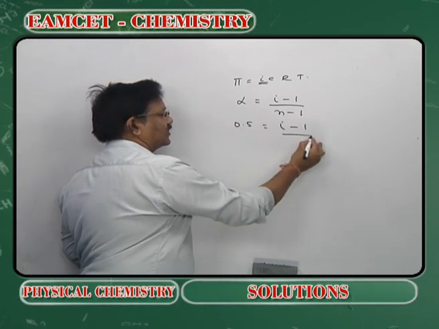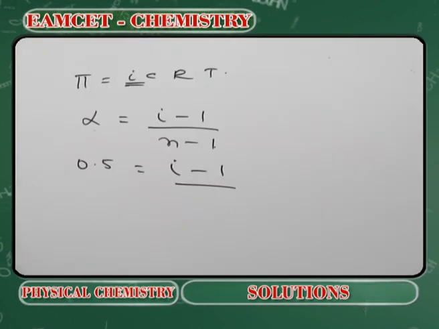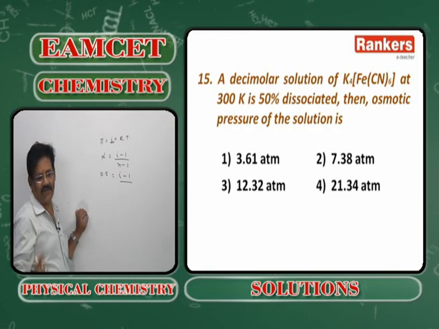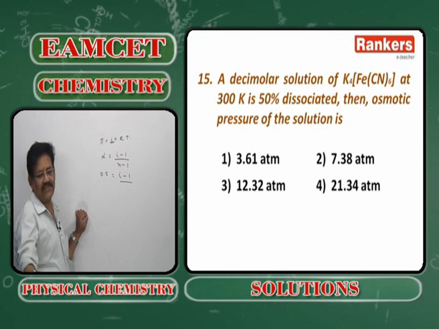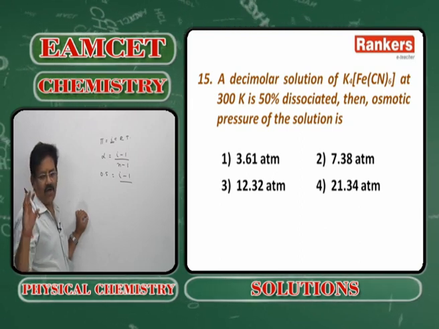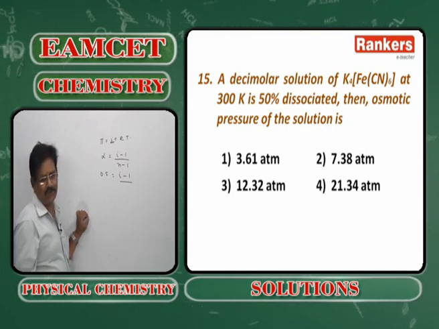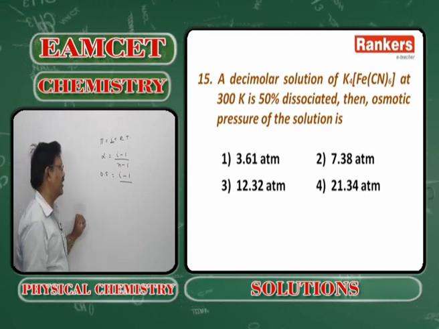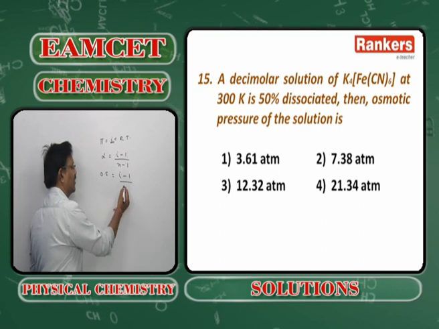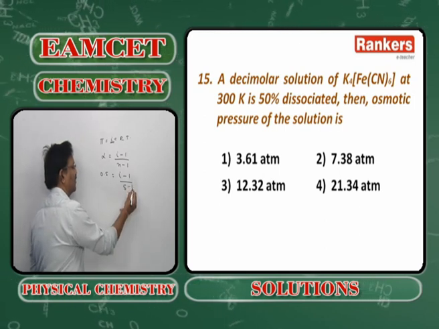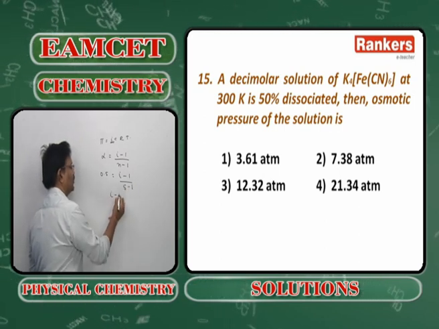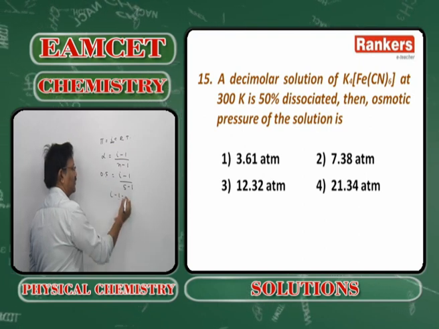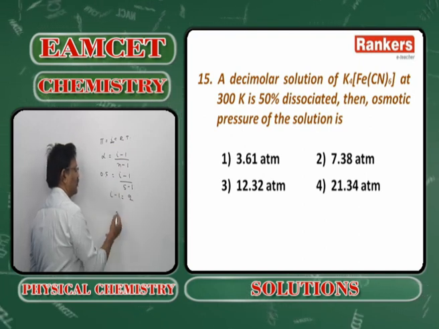When 1 mole of K4Fe(CN)6 is dissolved in the water, how many moles of ions will be produced? 5 moles, 4 K plus and 1 ferrocyanide. 5 moles, n minus 1 is 4. So i minus 1 is equal to 2, i is equal to 3.